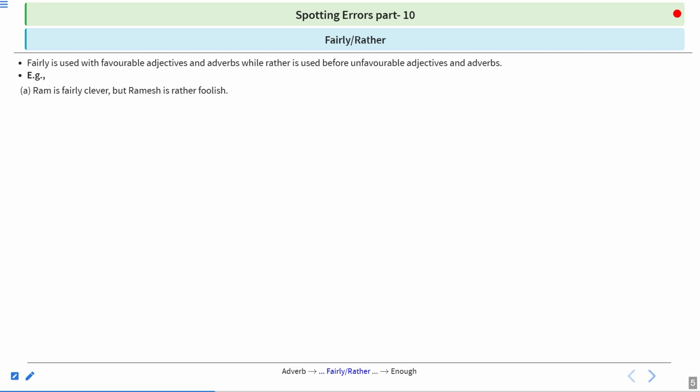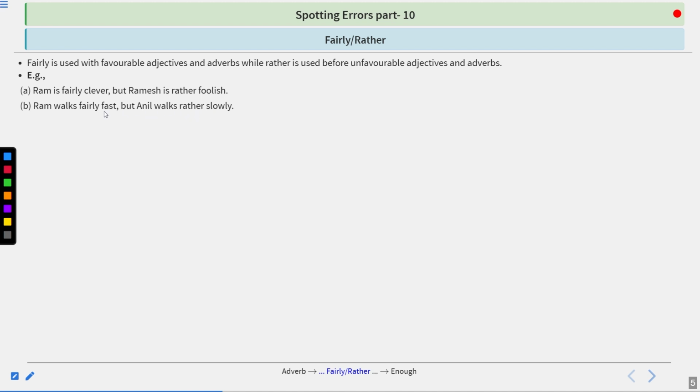Let's look at the example. Ram is fairly clever, but Ramesh is rather foolish. So here we have used fairly with clever. So here what it means? Favorable adjective. But Ramesh is rather foolish, unfavorable adjective. So in the next sentence, Ram walks fairly fast, but Anil walks rather slowly.